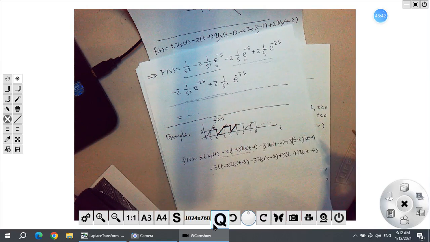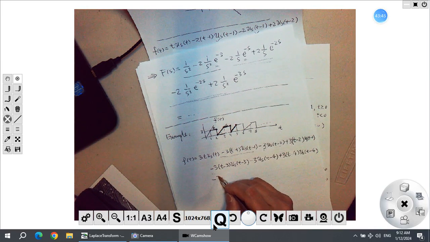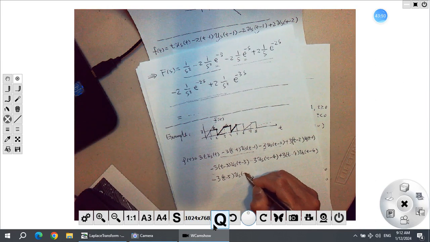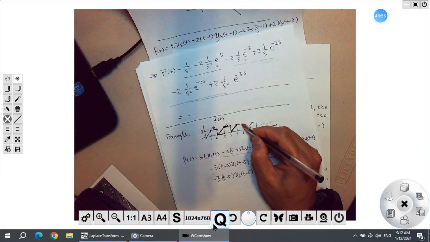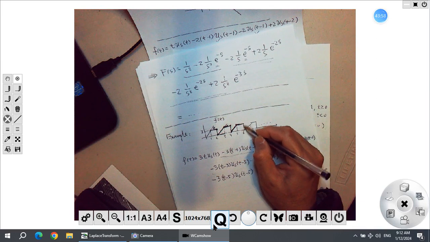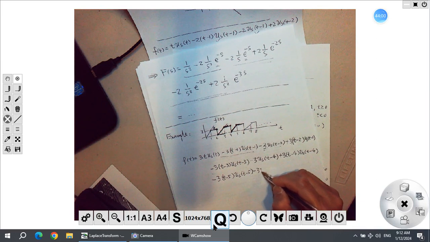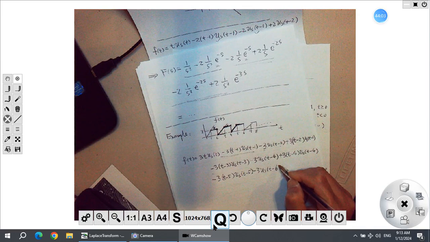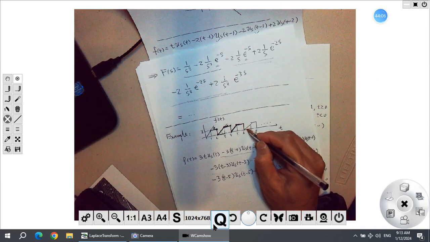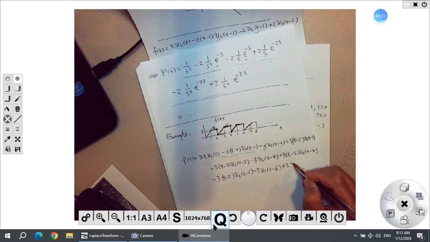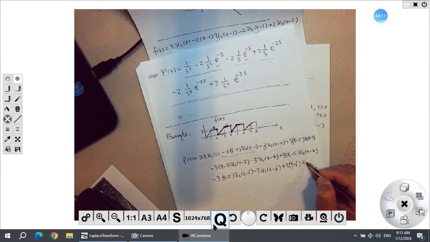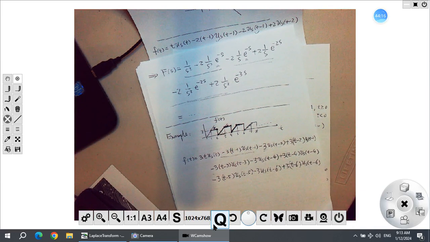We need to cancel this ramp, so I need a minus 3 times t minus 5 u_s of t minus 5. Okay, so we get this one. And then at 6, minus 3 u_s of t minus 6, they're going down. And we need a ramp, so plus 3 times t minus 6 u_s of t minus 6. Alright, keep working the same way, right?